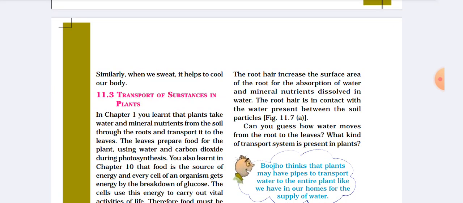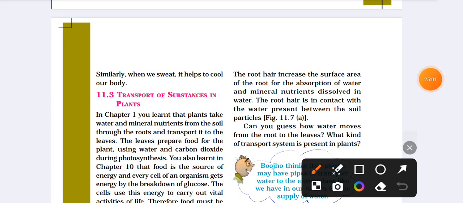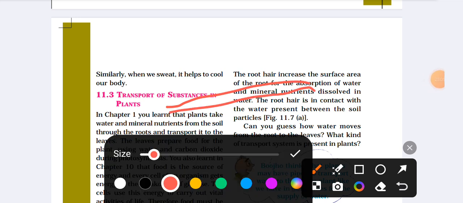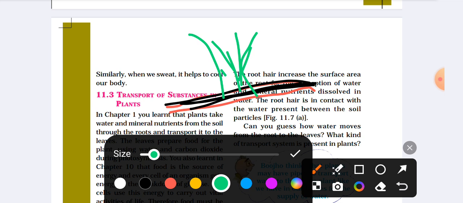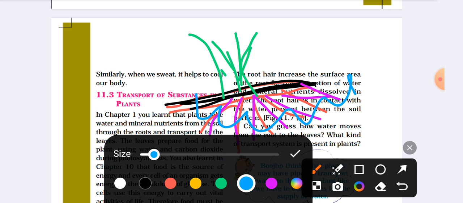For example, this is the soil. This is the plant, and this is the root. Now this is all the water and minerals. It is absorbed by the roots and transported to all the parts of the plant, including the leaves and the stem.